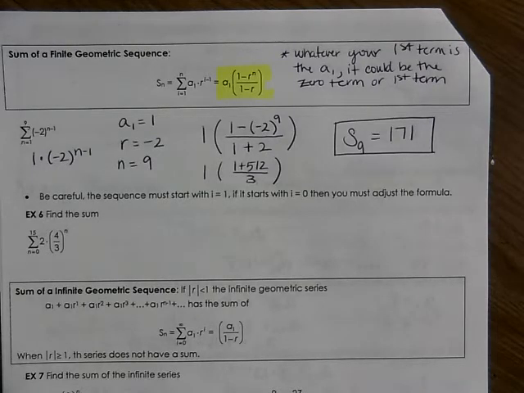You can't distribute that power. That's illegal. It's 1 minus negative 2. I got 171.